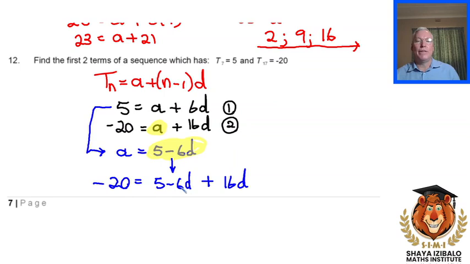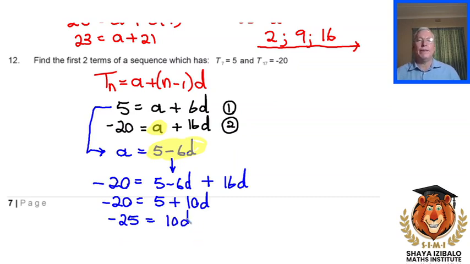Let's simplify the right-hand side. The right-hand side comes to 5 plus 10d. Now we're going to subtract 20 from both sides, and we get negative 25. And so negative 25 is 10d.